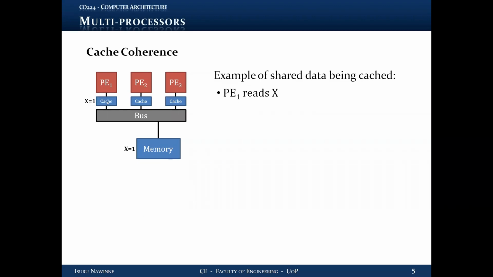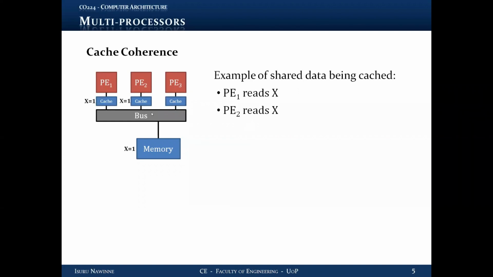And that cache then goes to the memory and fetches the block containing that data word. Now, the data block containing that word is in the cache of PE1, right? So X equal 1 is in PE1's cache. The value of the variable X as seen by processing element 1 is 1.